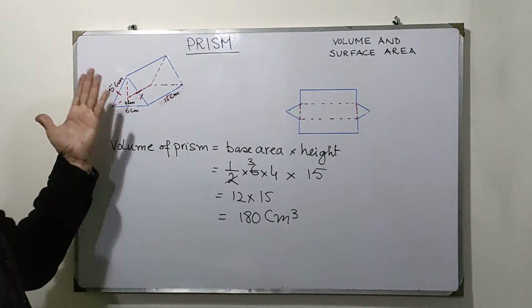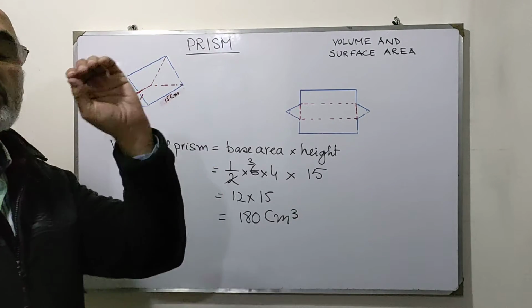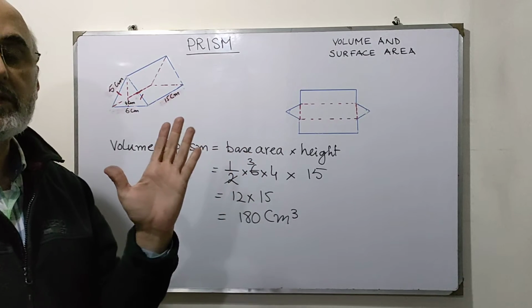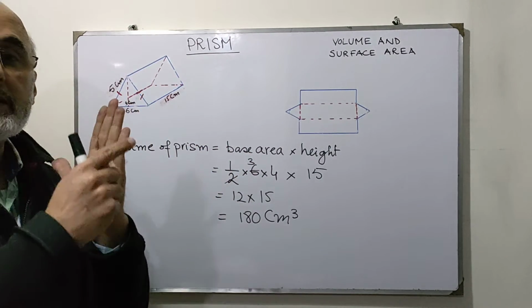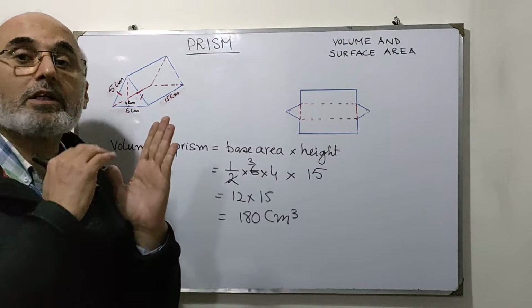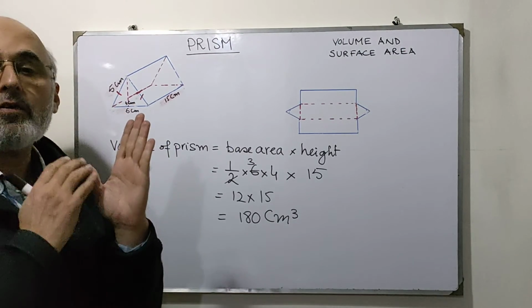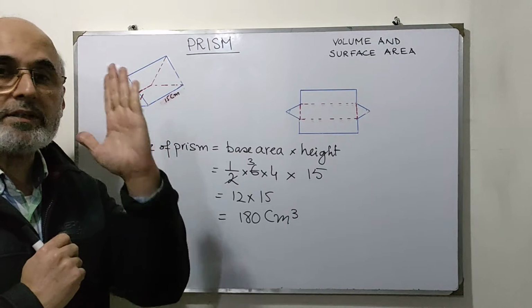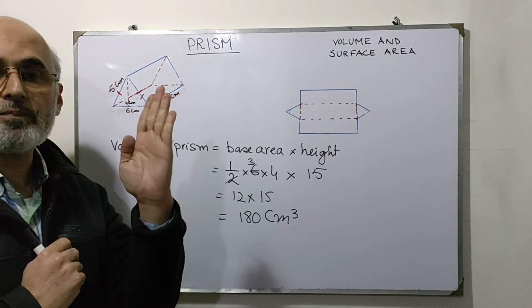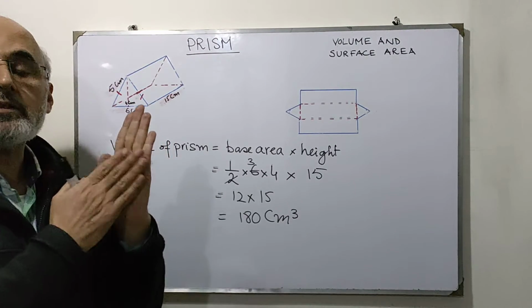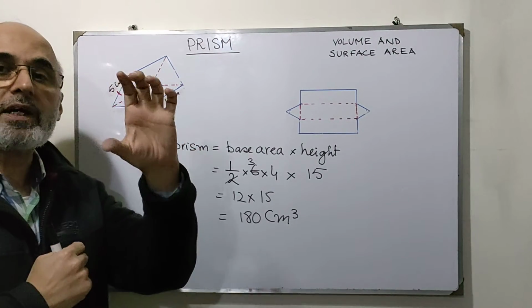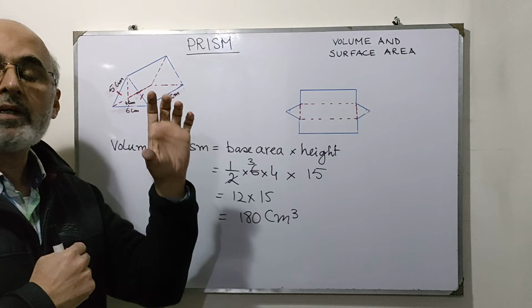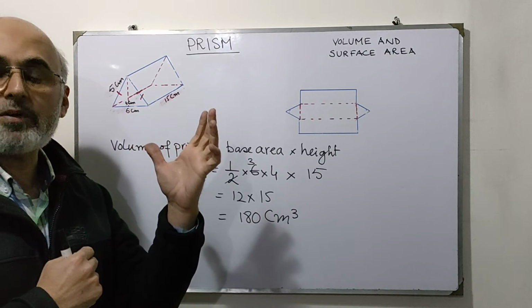So for the volume, no matter what type of prism it is, we have to first understand what is the base or the cross-sectional area of that prism. The cross-section is that area. If we keep on slicing that prism, we are going to get the same polygonal shape, right?